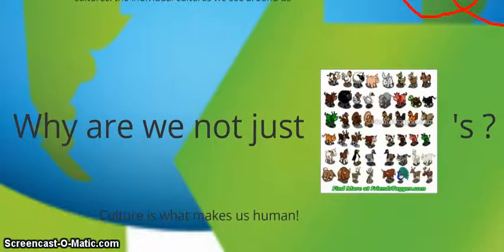One of the things that is unique about us, and why we are not just animals, or maybe the better question is, what makes us different or unique from other animals that share this earth?